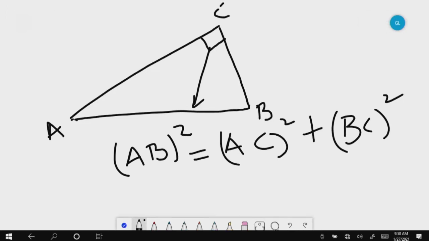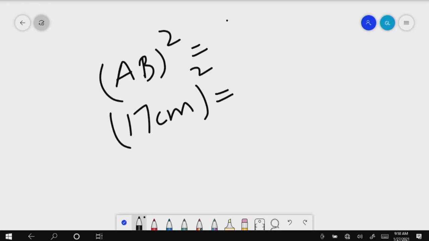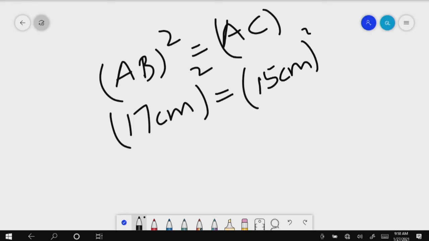By substituting values using Pythagoras to find the length BC, we would have AB squared, which is given, and that is 17 cm, should equal AC squared, and AC is given as 15 cm, plus BC, which is not given, and that is what we need.